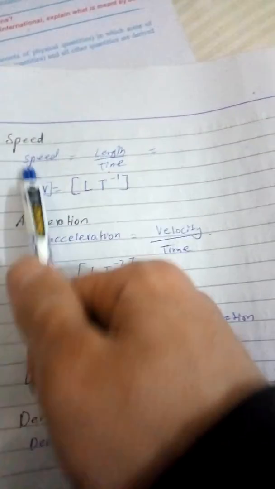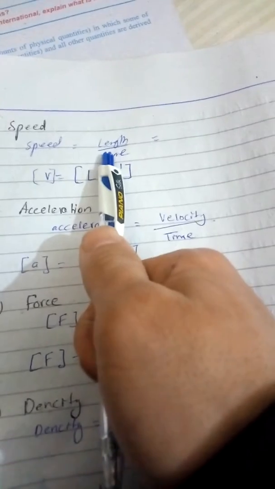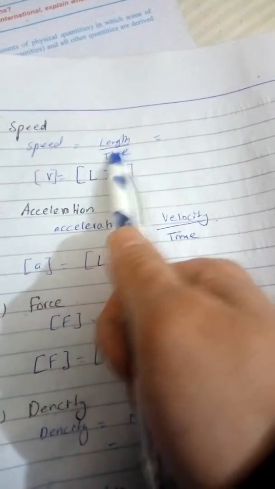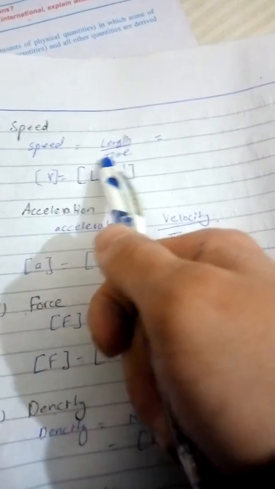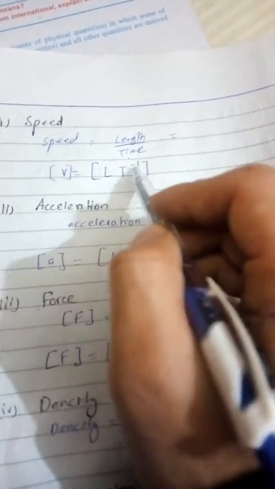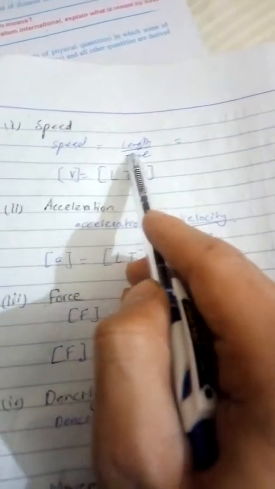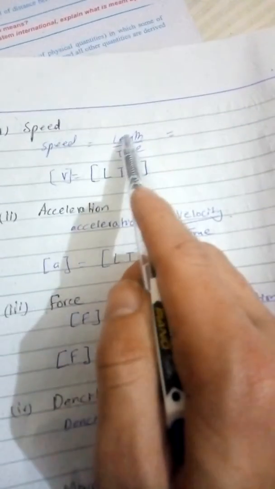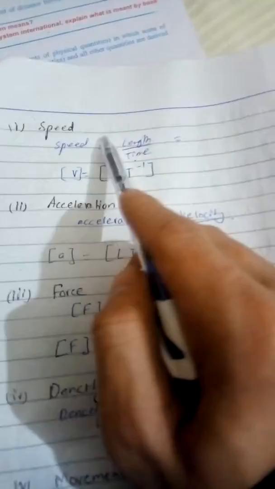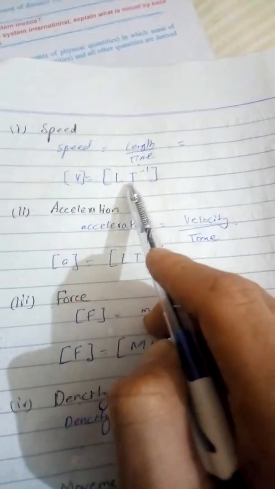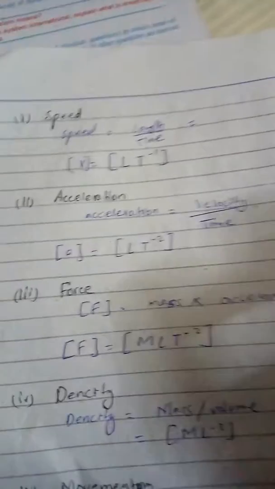So the dimension of speed will be L over T, and you can just write a negative power to move it up, so you get the dimension length multiplied by time to the negative one. Remember to use the first letter of each base unit, for example, length L and time T, use the capital version, put it in a bracket, and you will get the dimension.